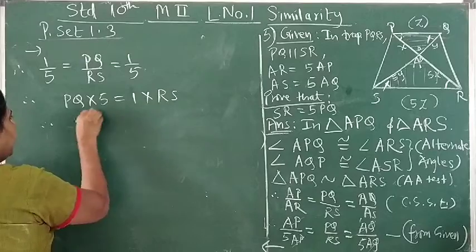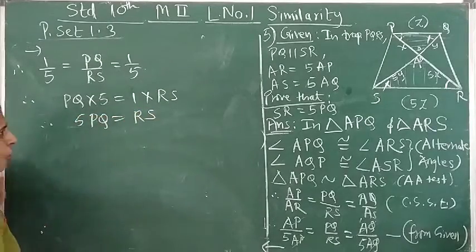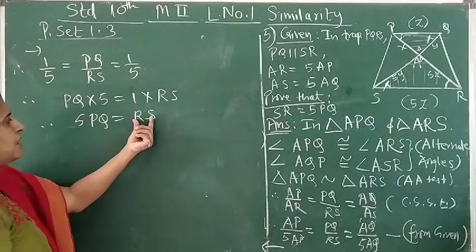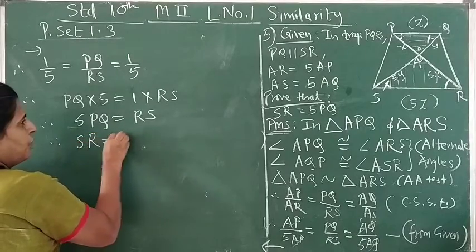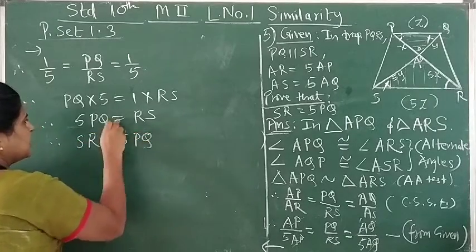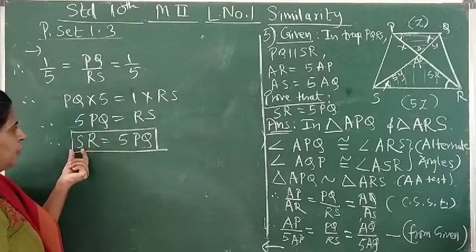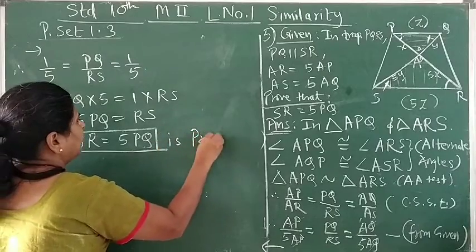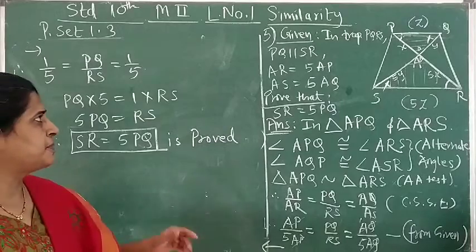That means 5 times PQ is equal to RS. This we have got. Now what you have to prove? SR is equal to 5 times PQ. Just write this RS on this side as SR is equal to 5 times PQ. This is the same statement, only we have written the right side on the left and the left on the right. Proved. So in this way, we have proved these two sums.